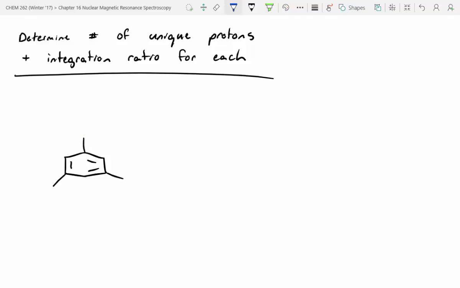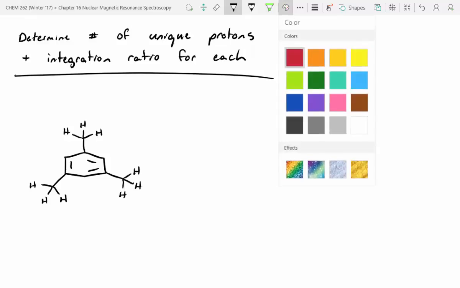protons. So we've got 3 protons here, 3 protons here. We know all the methyl group protons are identical due to rotational symmetry. So I'm just going to label all of these HA.